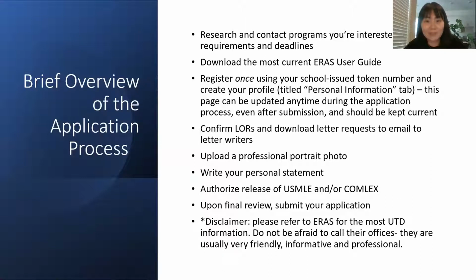Register once only using your school-issued token number on ERAS and create your profile titled the personal information tab. And people will tell you this repetitively throughout the cycle. It's really important though, it's the only section on your application that can be edited even after you submit your entire application, and you'll find out why.